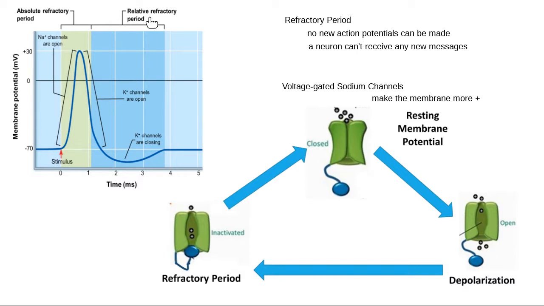In the relative refractory period, once we get back to threshold, my voltage-gated sodium channel is in the correct shape. But what's giving me trouble is the fact that my voltage-gated potassium channels are open. These voltage-gated potassium channels are dropping my membrane charge really fast.